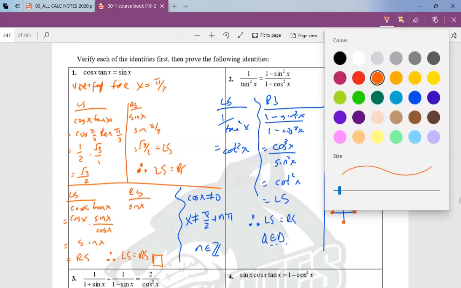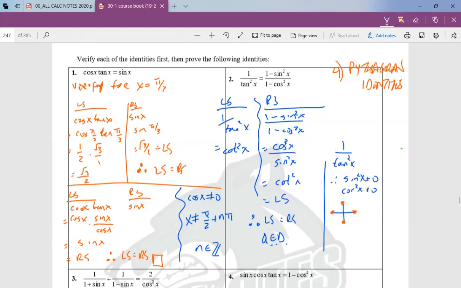We also should point out that 1 minus cos squared theta cannot equal 0 from this denominator over here. That happens when cos squared x is equal to positive 1, which is going to be the same as sine being 0.